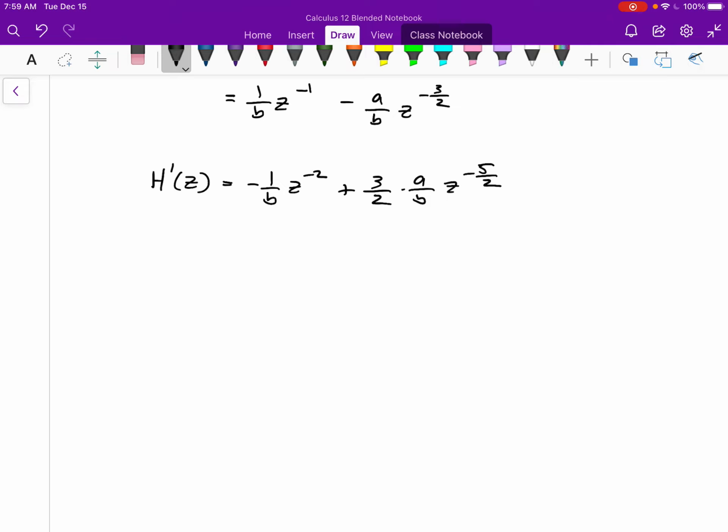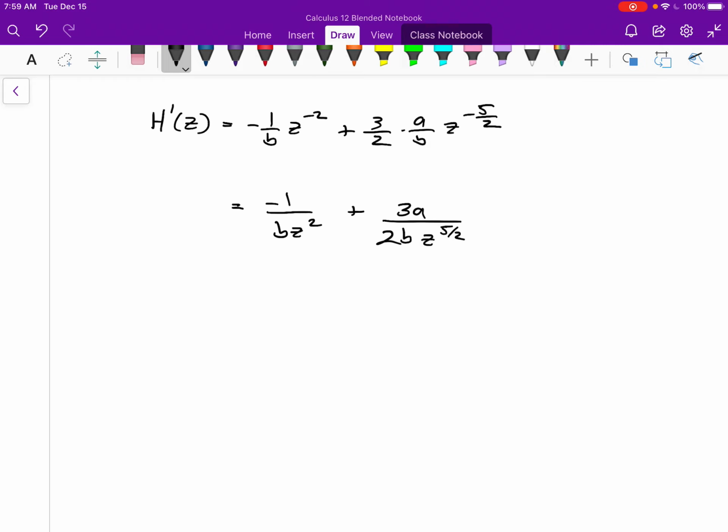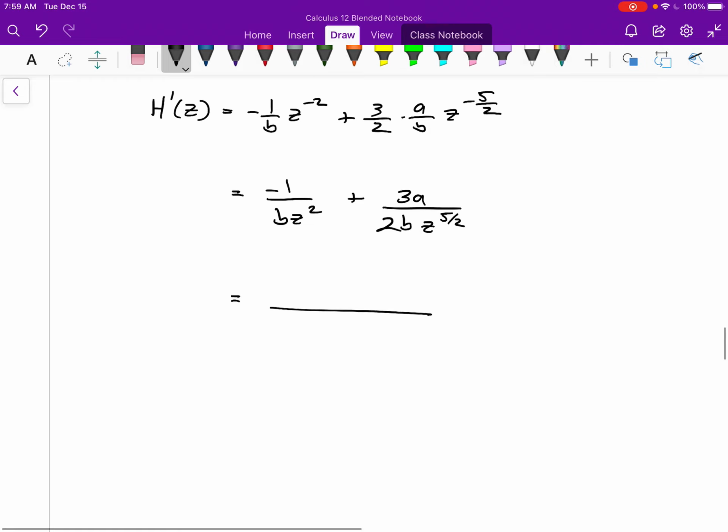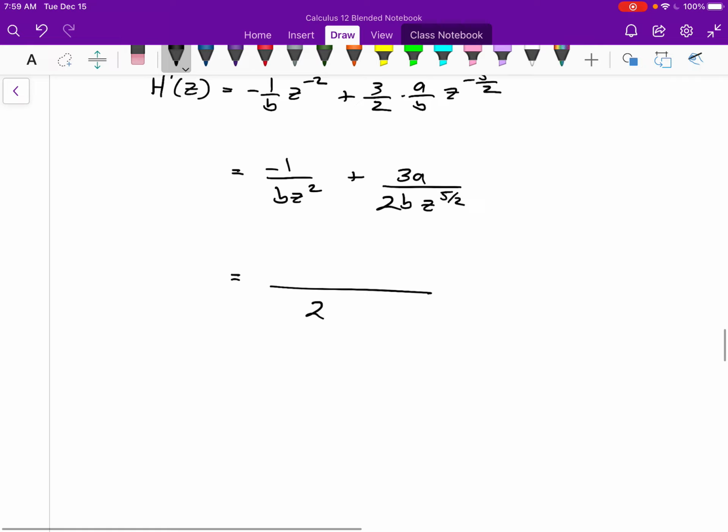Keep in mind, one thing I could do is write this without negative exponents. So I get negative 1 over bz squared plus 3a over 2b z to the positive 5/2. But again, this is not any better than what I had before, although we should understand that they're equivalent. If I do that, I can find a common denominator, and write this as one rational expression.